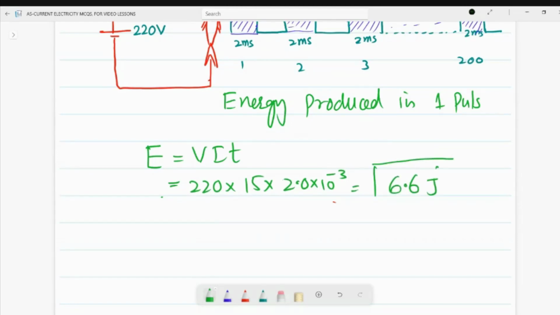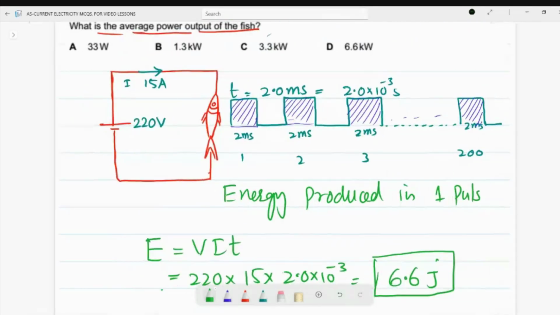So these 6.6 joules are produced in one pulse. I can say 6.6 joules in one pulse, 6.6 joules in the second, 6.6 joules in the next, and 6.6 joules in the 200th pulse.